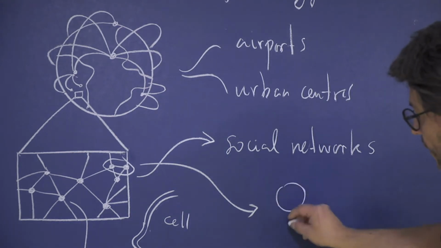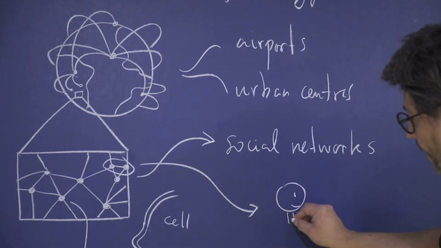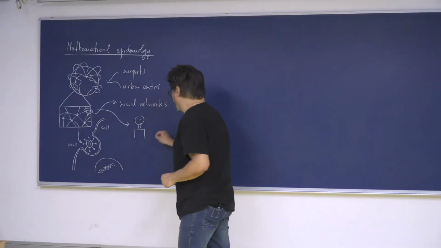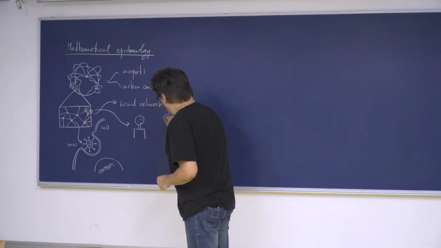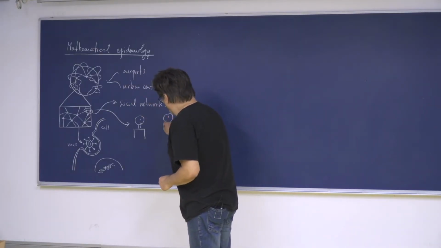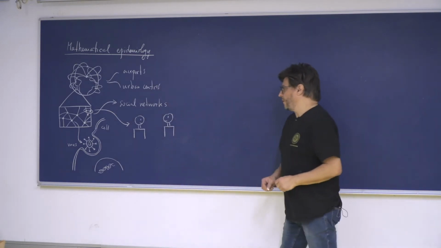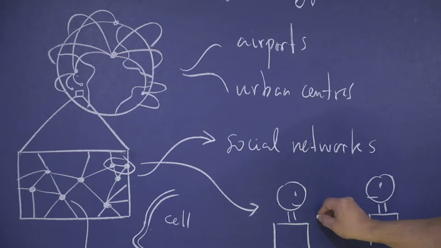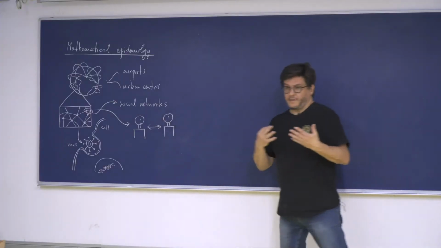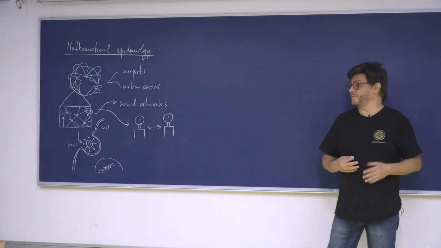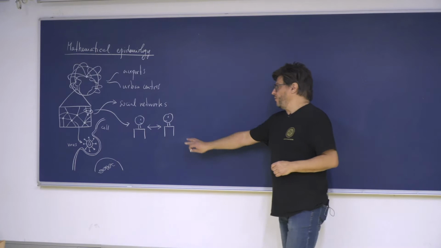So that could be a human, okay, and that could be another human, right? And here we're talking about connecting them by some kind of interaction, right? And that's the level we are going to explore.